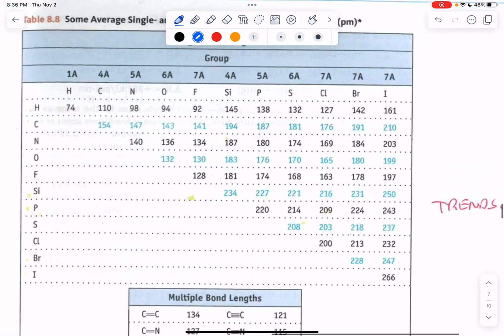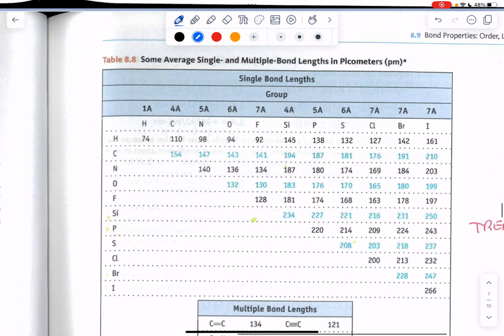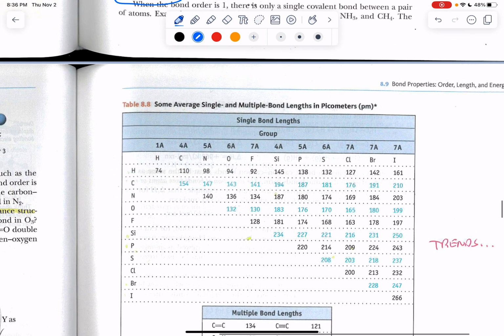And here's a chart of bond lengths. You would not have to memorize these on my test or the AP test. They might give them to you in numbers or in a table or in a diagram kind of like this.